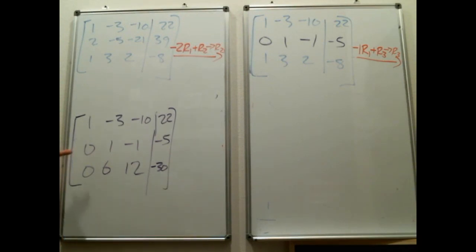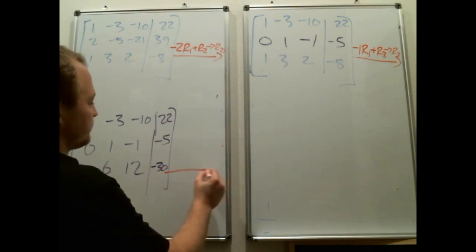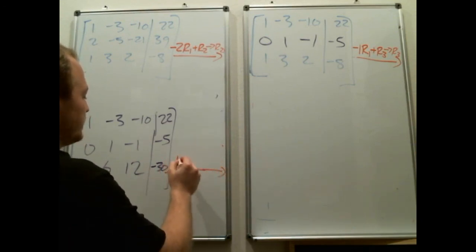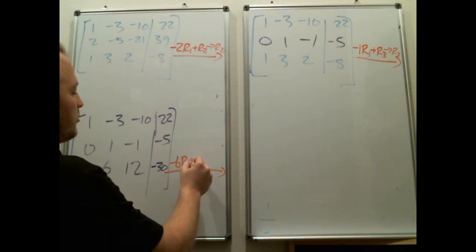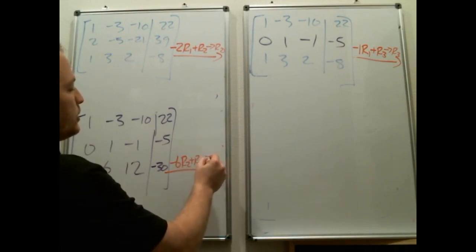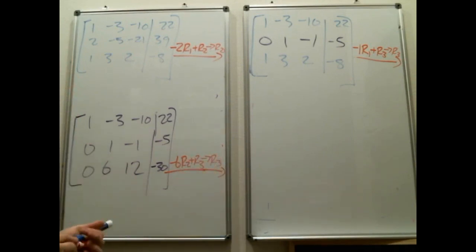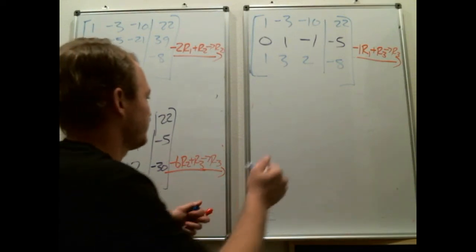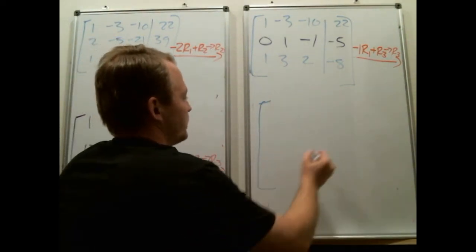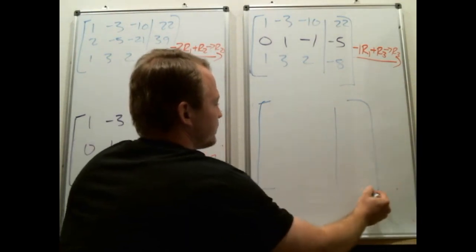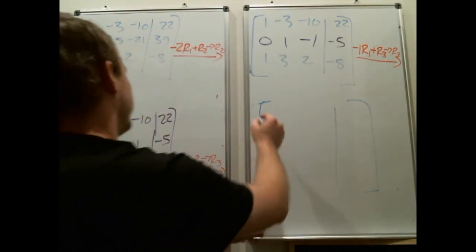So I'm going to do negative 6 times row 2, add it to row 3. Negative 6 times row 2 plus row 3 gives me a new row 3. And let's draw our matrix and write what's not changing. So rows 1 and 2 are not changing.